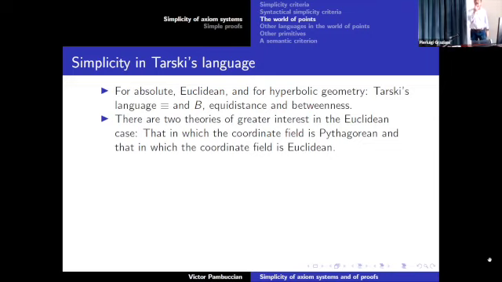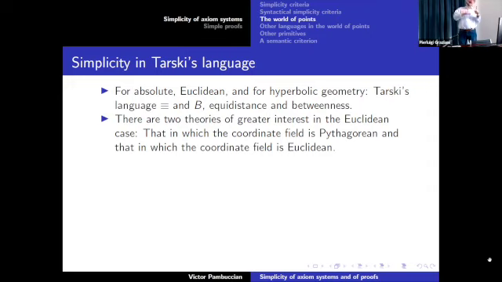What are the Euclidean geometries that we will be looking at? One is the Euclidean geometry of ruler and segment transporter construction. So I can take a segment from somewhere and move it somewhere else. And the other one is the geometry of ruler and compass constructions.